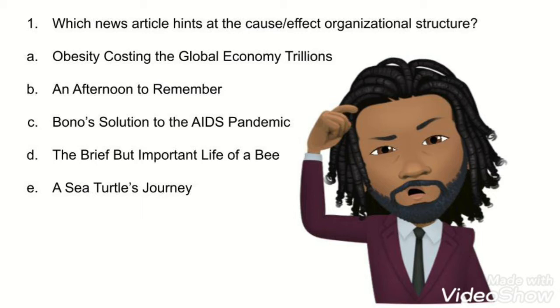But I'm just going to go right in and say, which news article hints at the cause and effect organizational structure? Because this happened, this had to happen. And this is just a news article. So this could be the headline or the title of that news article.